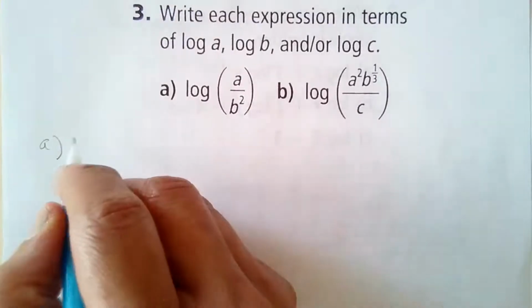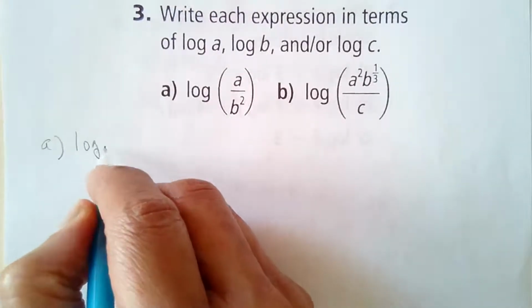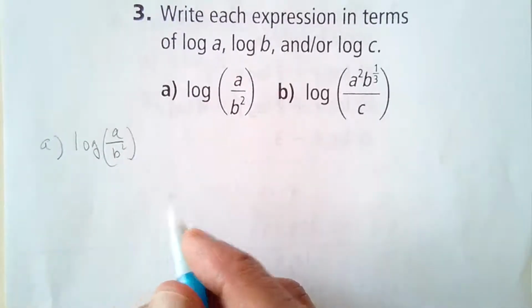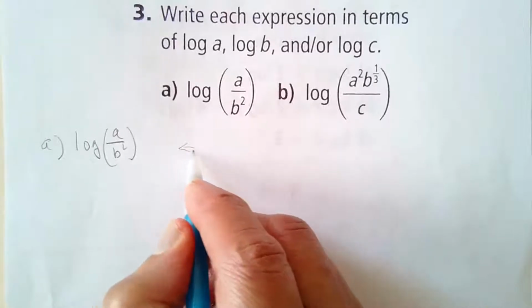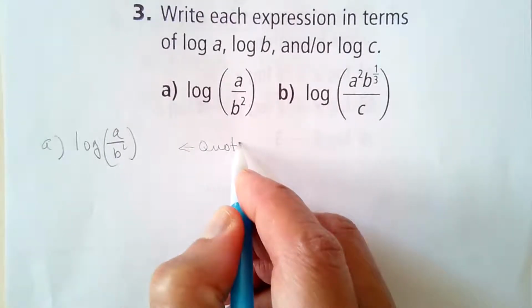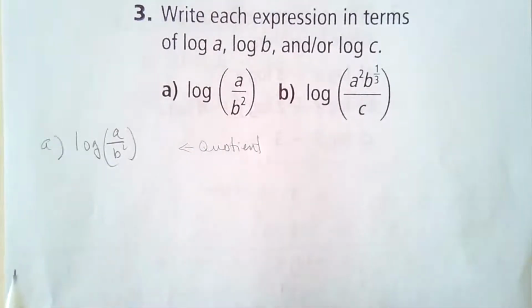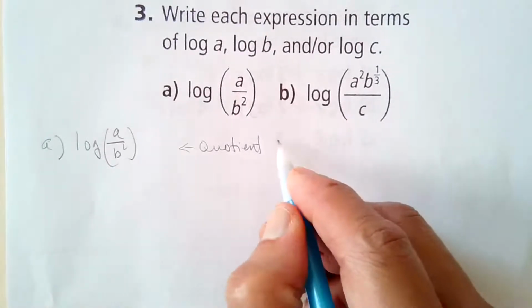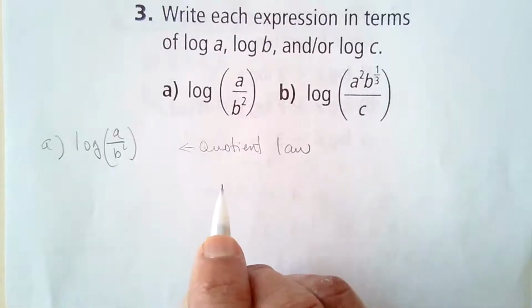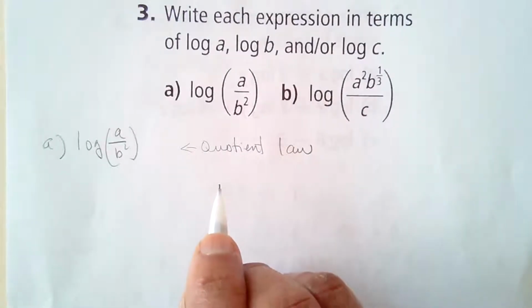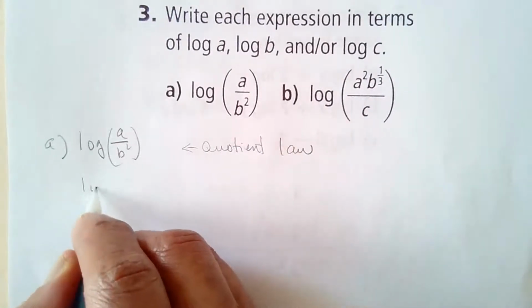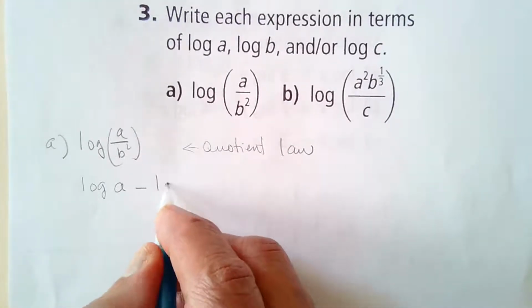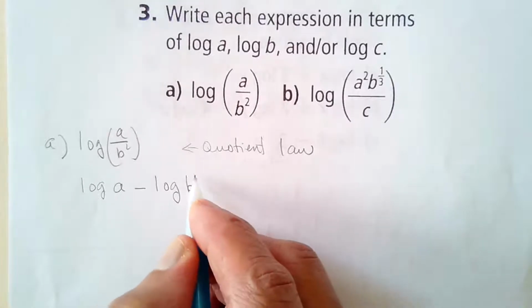So log A over B squared. So we use the quotient law. So this gives me log A minus log B squared.